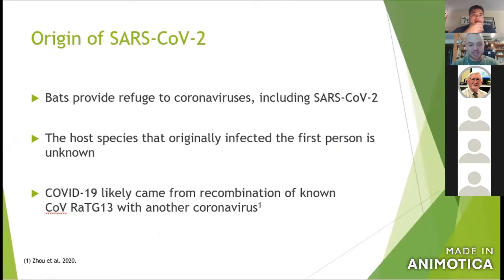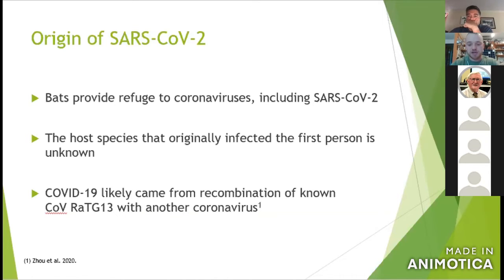So, the origins of SARS-CoV-2. Bats are known to provide refuge to beta coronaviruses, which includes all the ones I just mentioned, SARS, MERS, and SARS-CoV-2. But I actually wasn't able to find a whole lot of scientific information regarding the origins of SARS-CoV-2.